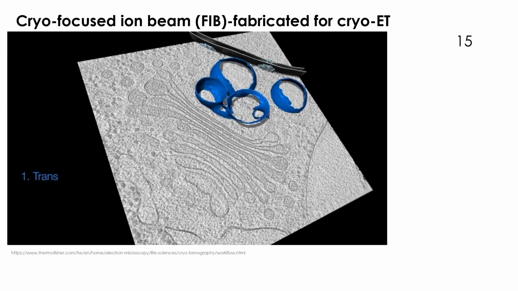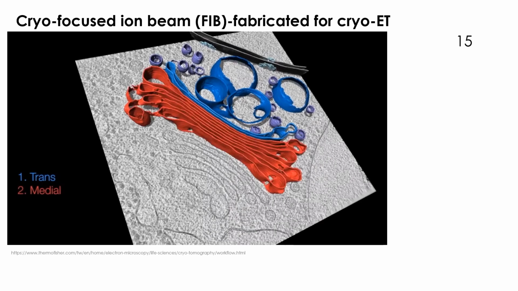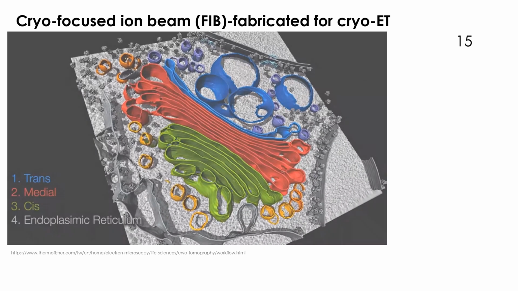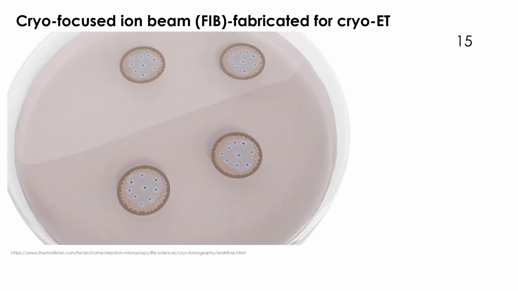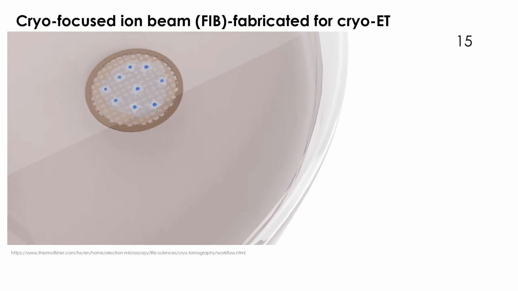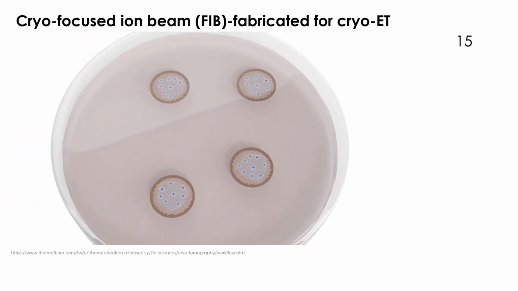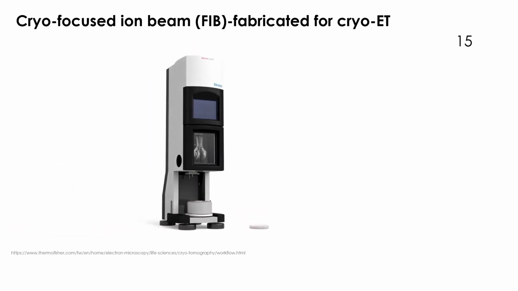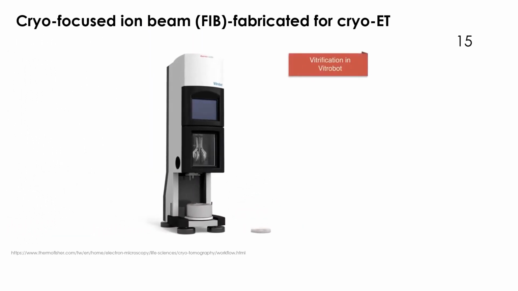Cryo-electron tomography provides 3D snapshots of cells and visualizes protein complexes at molecular resolution. The workflow begins with cells, which are prepared by routine cell culture methods on electron microscopy grids. Cells are preserved in their natural hydrated state by rapid freezing in a Vitrobot.